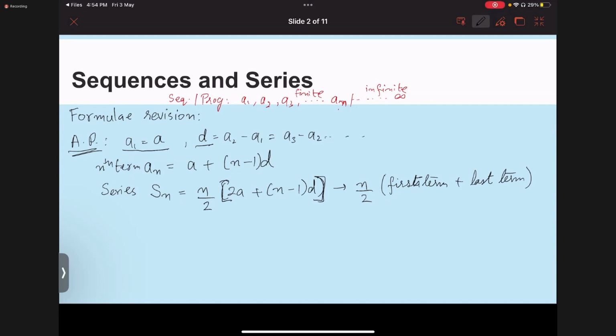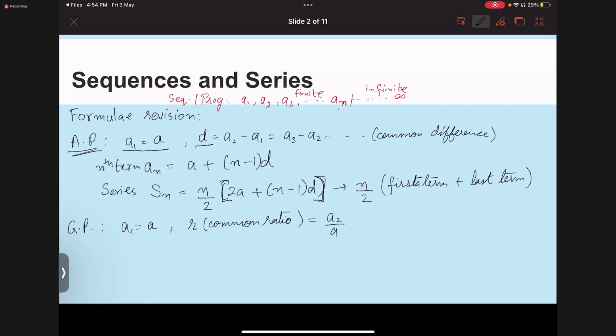Now we will go into our geometric progression, GP. For GP, again A1 is suppose a, your first term is a, and instead of common difference, what we have here is called a common ratio. In your common ratio, it will be A2 by A1, A3 by A2, and so on.